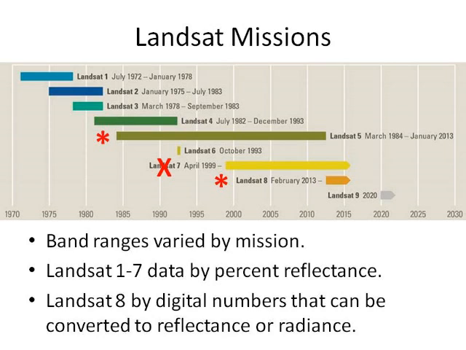It's a much bigger number than the percent reflectance, so it's more detailed and more sensitive. Landsat 5 is the longest running mission, and Landsat 8 is the most recent. Landsat 7 has some problems with georeferencing, so I like 5 and I like 8. If you want to use Landsat, use 5 and 8, I endorse them.